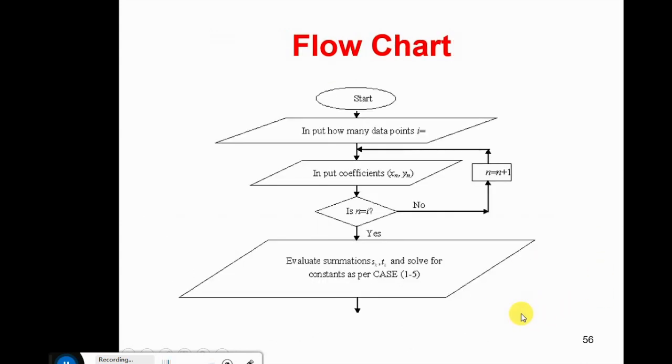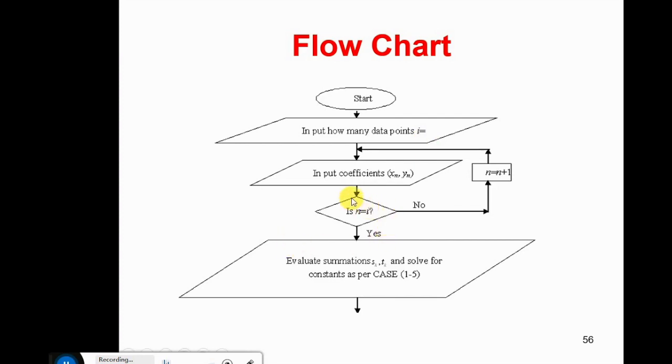For writing the program, you have to start the program, you have to key in how many data points you want. So I is a suffix that rolls from the first data point to the last data point. So you have to first define how many data points you are using.